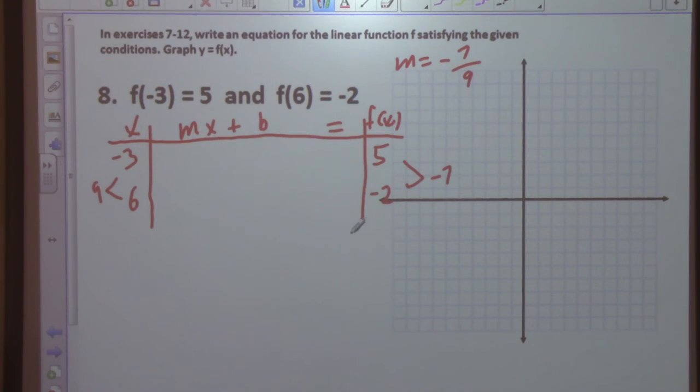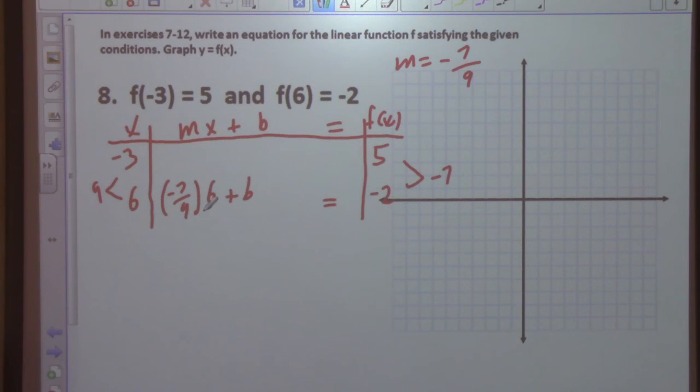Okay, pretend you're a baseball player, right hand over left. So anyway, we have mx, which point do you want to use here? I use 6. So m, we'll put negative 7/9 times 6 plus b is equal to negative 2.